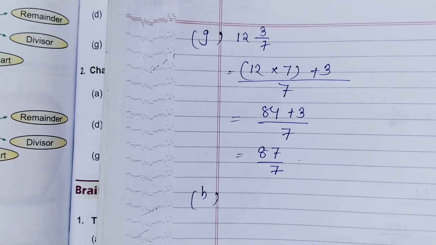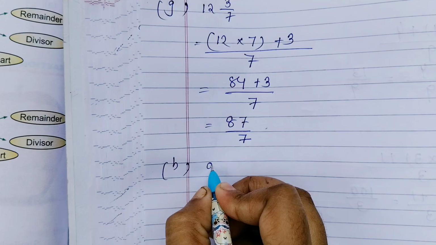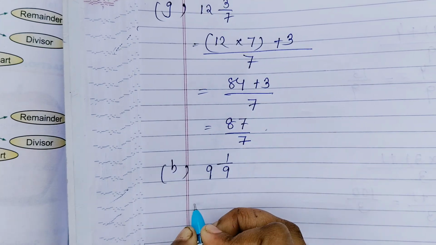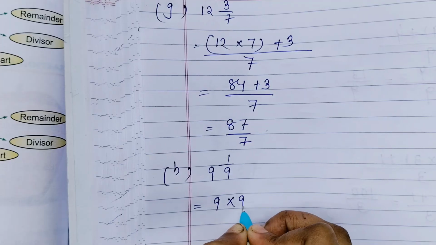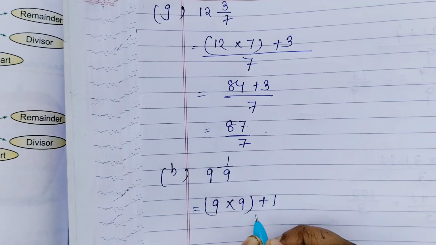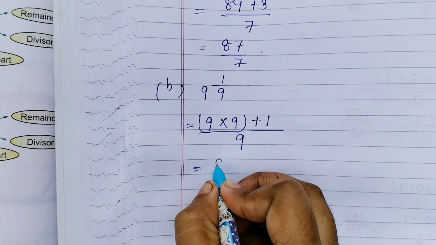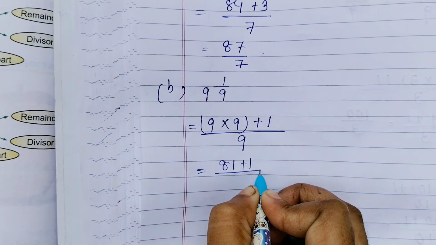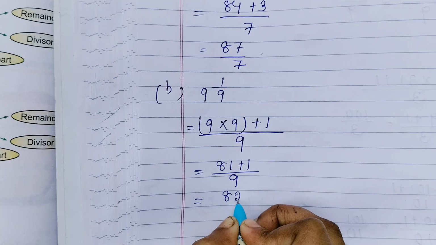Then another, point H. 9 whole of 1 by 9. First we write the natural number part is 9 into denominator 9 plus numerator 1 divided by 9. 9 9s are 81 plus 1 divided by 9. 81 plus 1 equals 82. 82 by 9.